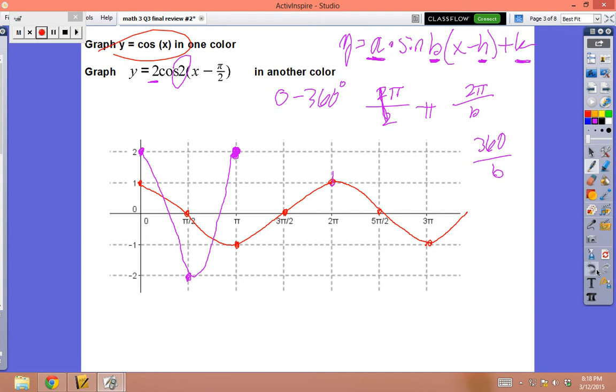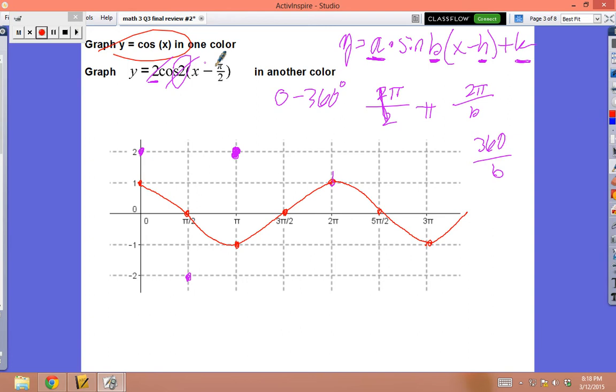But I still need to do one more thing. I've got that done, I've got that done. Now this, I need to shift it horizontally. My phase shift, that's called a phase shift. So I need to shift it pi over 2, which is 90 degrees. So I need to move every dot 90 degrees to the right.